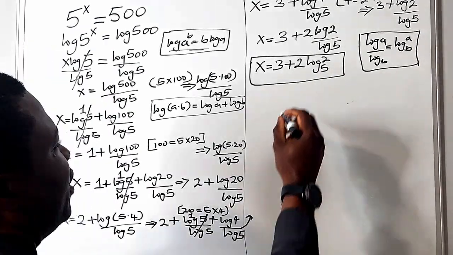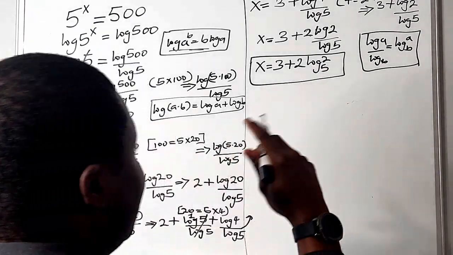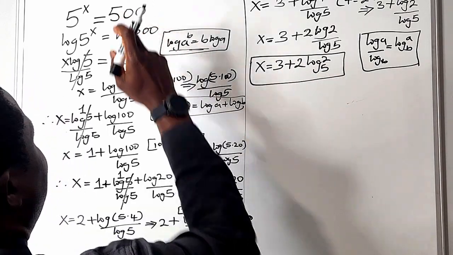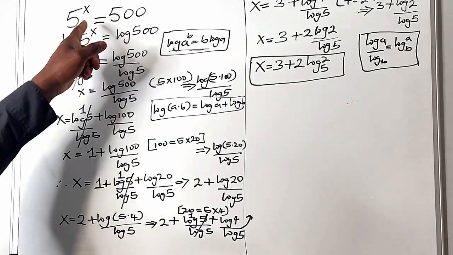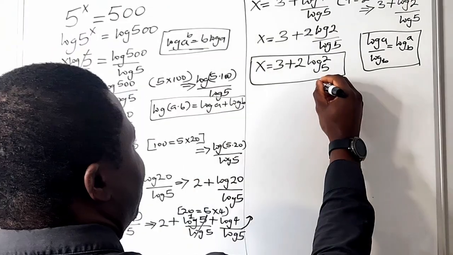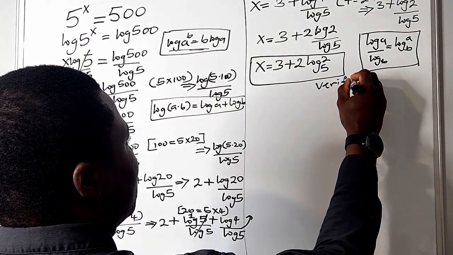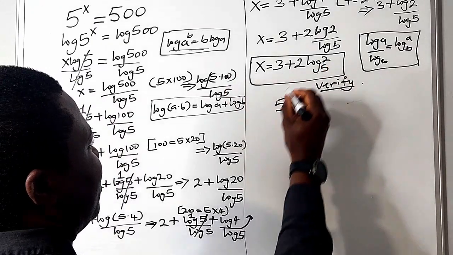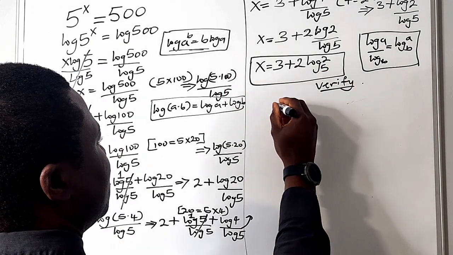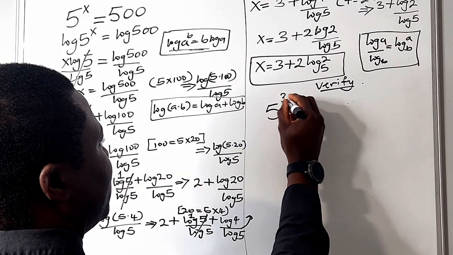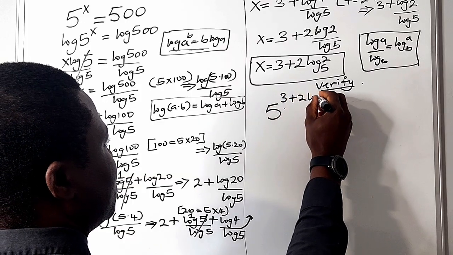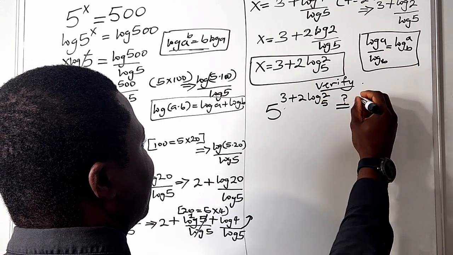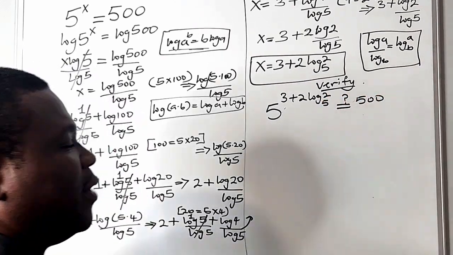So now we need to verify to make sure that this answer is correct by plugging this value of x back into this equation. So to verify, the x value is 3 plus 2 log 2 base 5. And we're trying to find out if it is equal to 500.